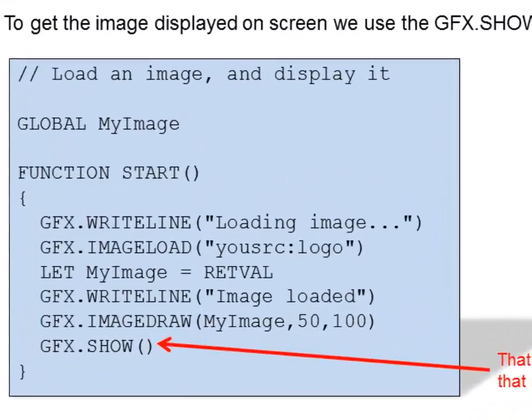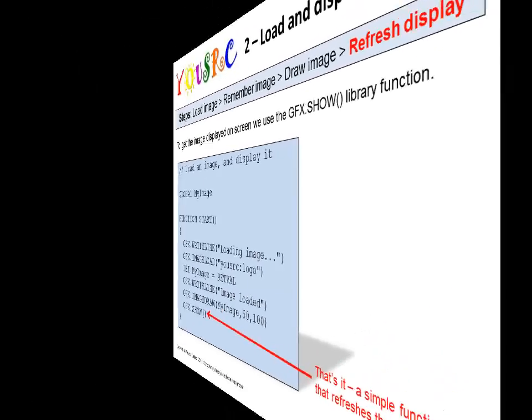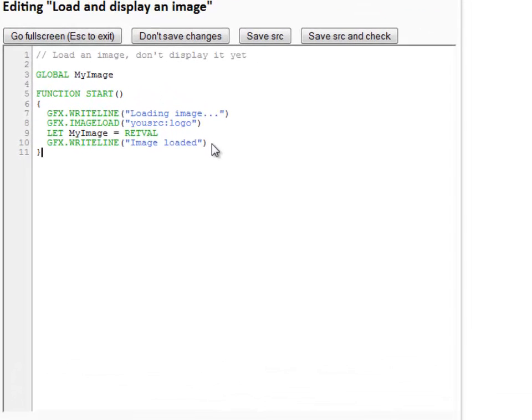Now we want to see our image, so let's add our last line of code. The library function to refresh the screen is gfx.show, which takes no parameters. Let's see this in the browser. Thanks, Emma. So we're going to make our final changes, and this will now get the image on the screen. The first thing we want to do is add our gfx.imageDraw line.